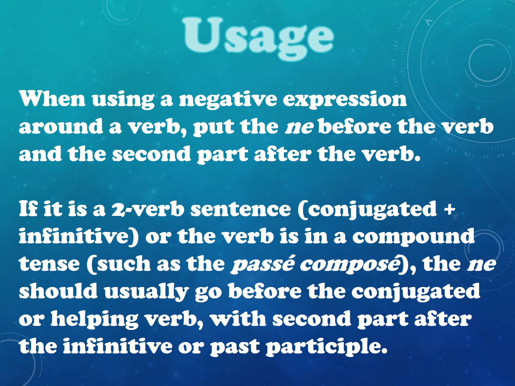With these expressions, if it's a two-verb sentence, conjugated plus infinitive, or if the verb is in a compound tense, the ne goes before the conjugated or helping verb, which is true of all of them. But the second part goes after the infinitive or past participle, which is different. There are some exceptions to this, and I will explain those as we go through.